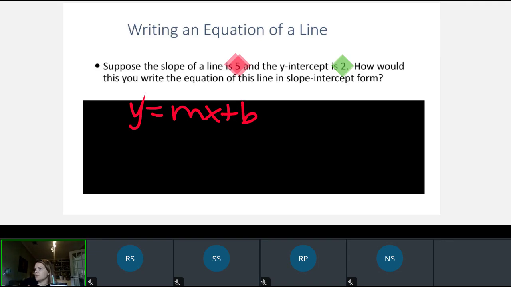So what is my slope? Slope is m. They told me slope was 5. The y-intercept is 2. So I'm going to rewrite my equation of a line, but instead of putting m and b, I'm going to plug in the numbers that I know. Good, Micah. So this is going to be 5x plus 2.